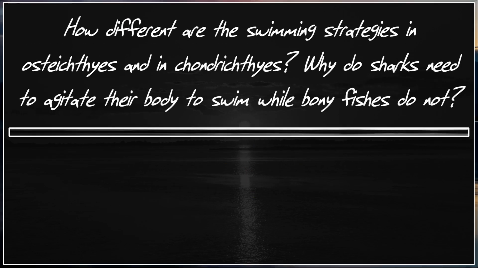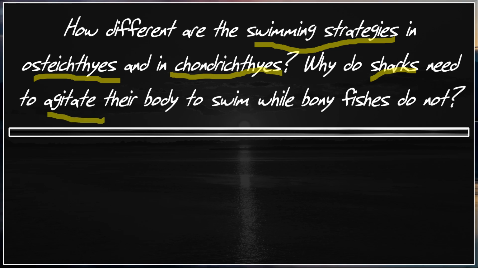How different are the swimming strategies in osteichthyes and in chondrichthyes? Why do sharks need to agitate their body to swim while bony fish do not?